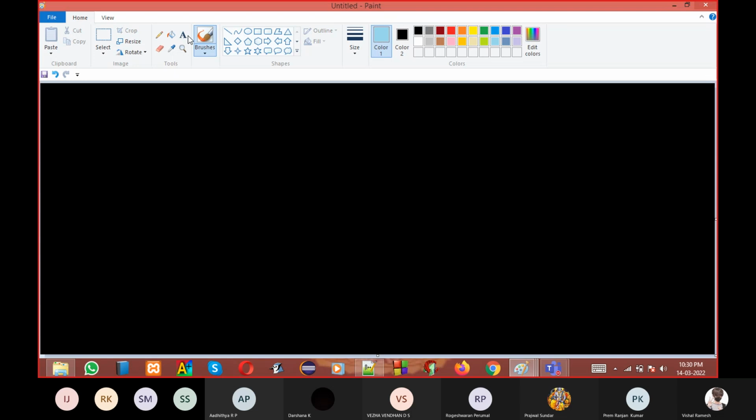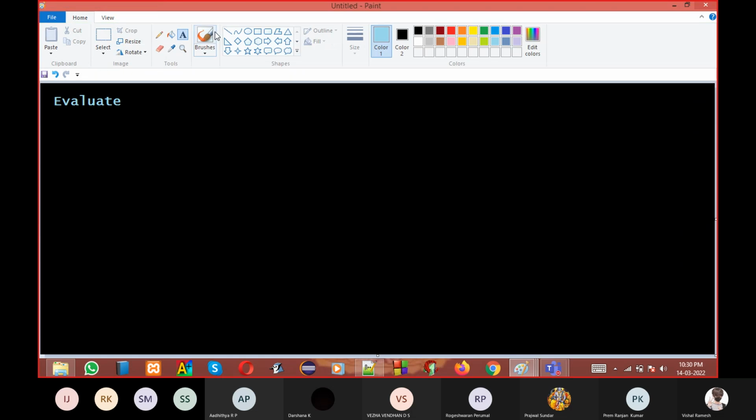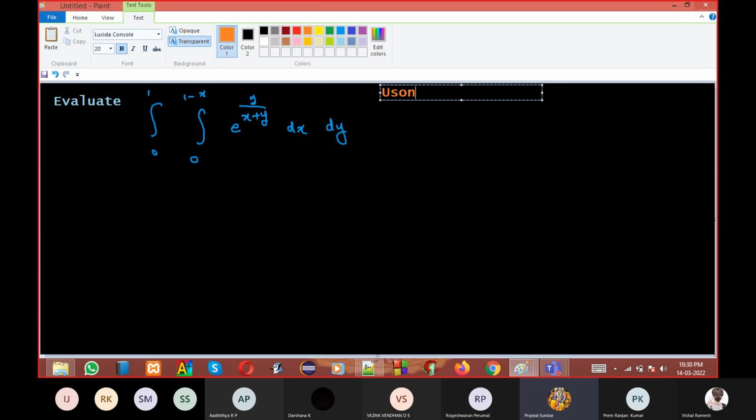Look at this question. We are giving: evaluate the integral from 0 to 1 of the integral of x e power y by x plus y dx dy using the transformation given.